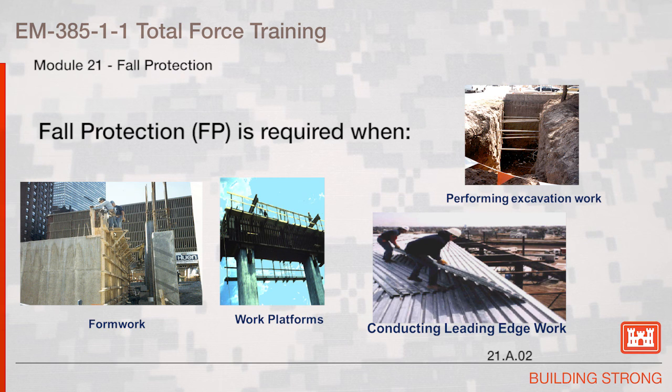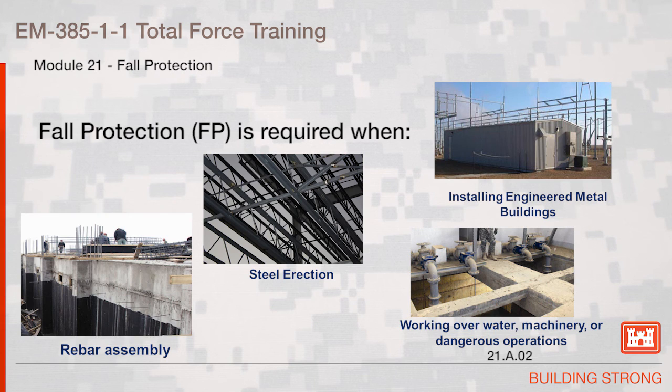It is also required when conducting leading edge work, performing excavation work, working on formwork, or working off of work platforms. And also during rebar assembly, installing engineered metal buildings, during steel erection, or working over water, machinery, or other dangerous operations.